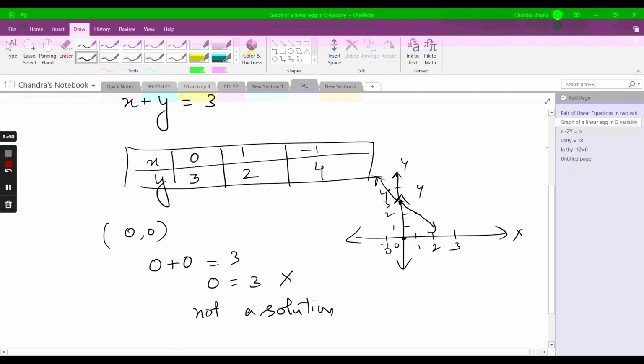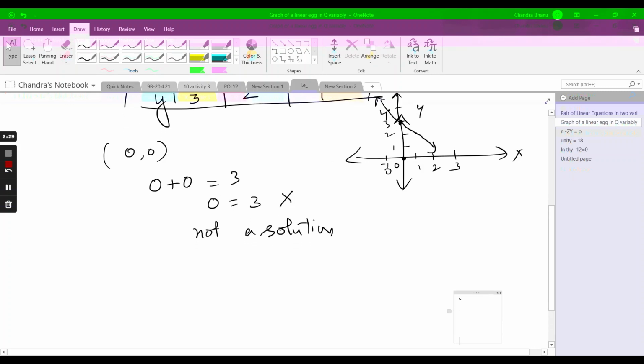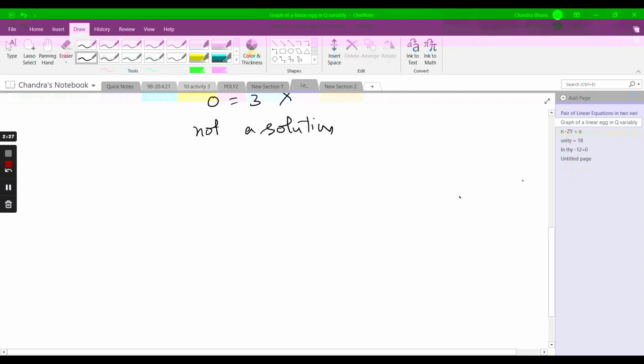Now when I am talking about a pair of linear equations, I am drawing two linear equations on the same graph. What are the situations that I am going to get?